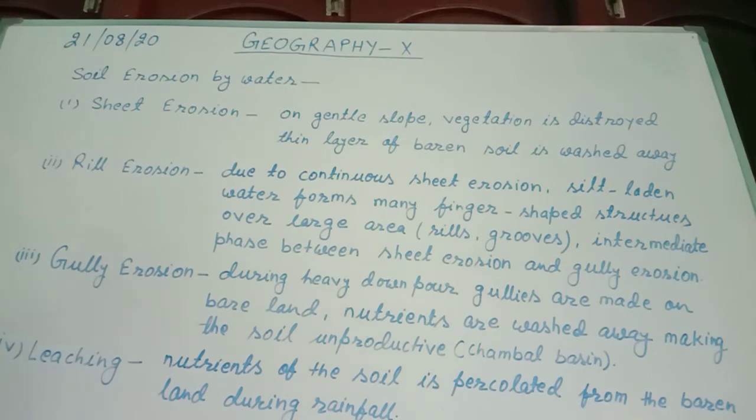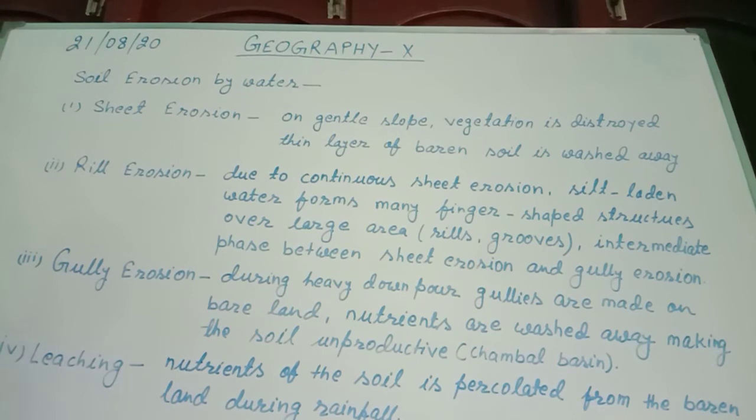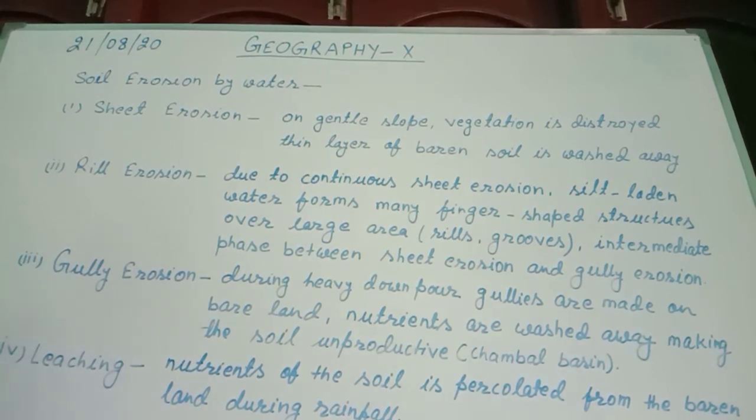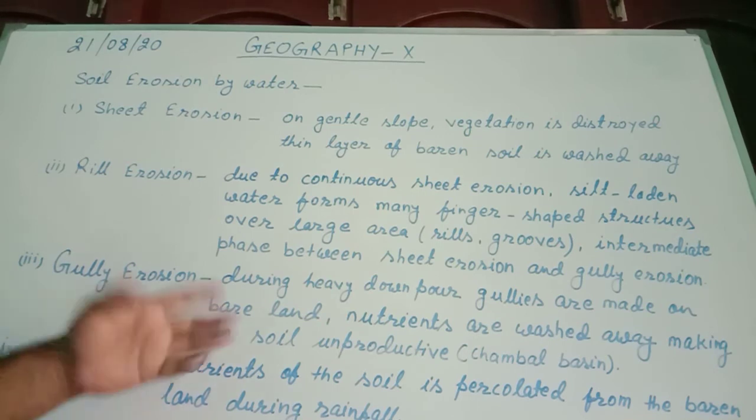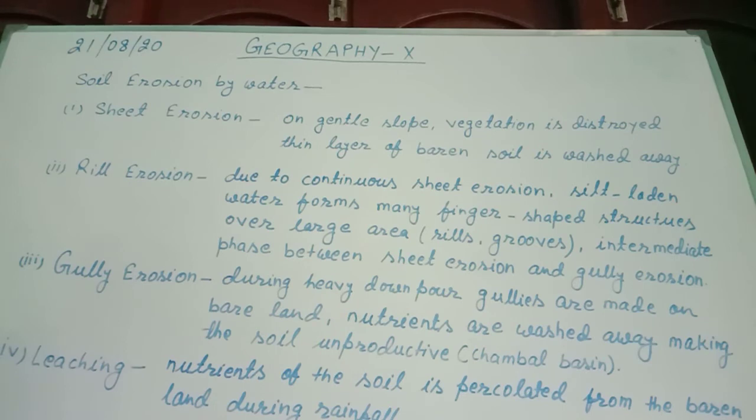Now, leaching. Nutrients of the soil are percolated from the barren land during rainfall. Percolated means leached. Leaching is percolation of nutrients below the soil due to rainfall.